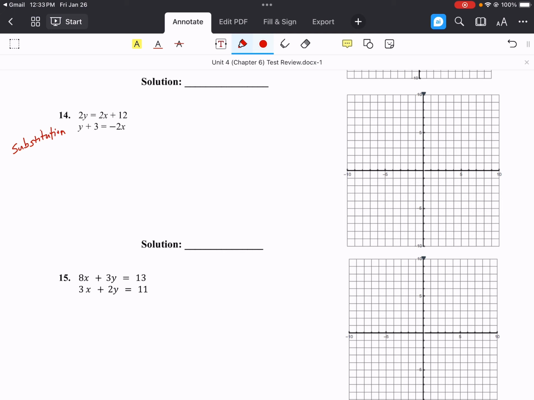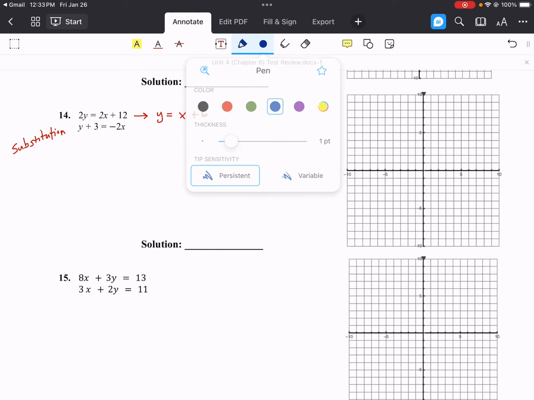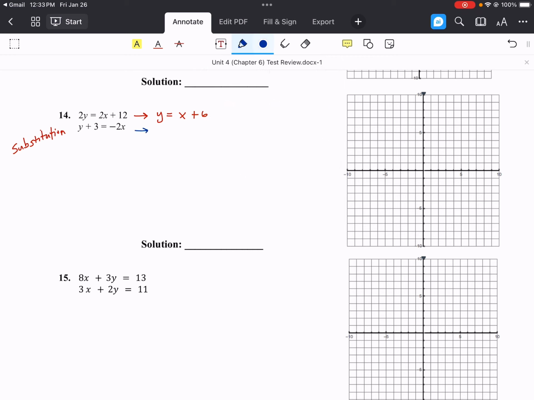You can rewrite the second equation so it's y equals everything else and plug it into the first, or you could rewrite both equations so they're y equals, so that way the substitution is even easier. If you rewrite the first equation so it's y equals everything else, you're really just dividing by 2. So you get y equals x plus 6. If you rewrite the second equation so it's y by itself, you're going to subtract 3. So you get y equals -2x minus 3.